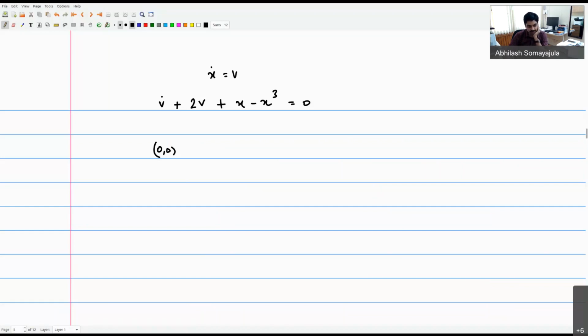What did we choose? What can we choose as the Lyapunov function in this case? Or at least what did you think might be a possible option?